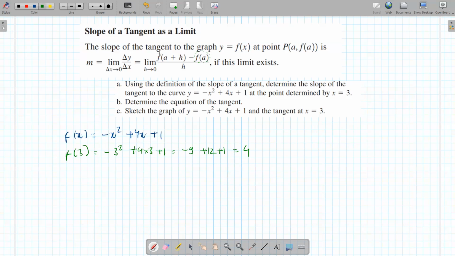Next, we're going to find this term, f of a plus h. So in this case, it'll be f of 3 plus h because a is 3. And this is where people find this kind of weird and difficult. See if you can figure this out. If f of x is this function here, what's f of 3 plus h?